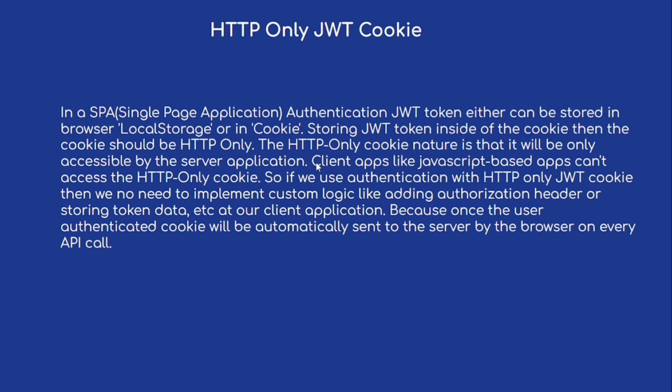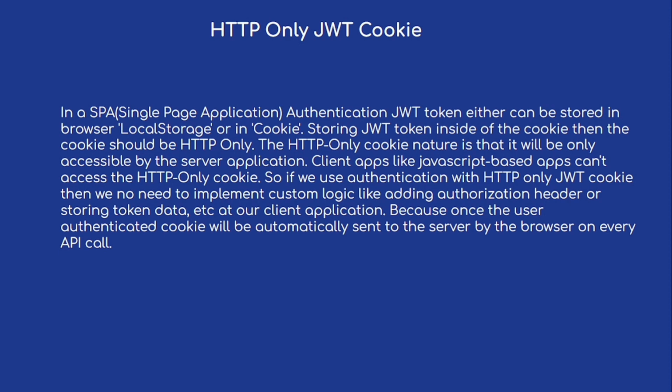Whichever server created the cookie, only that server can access it. Client apps like JavaScript based apps can't access an HTTP only cookie. That means any client application like Angular, React or Vue.js cannot read the cookie, because this helps to avoid tampering of the HTTP only cookie.